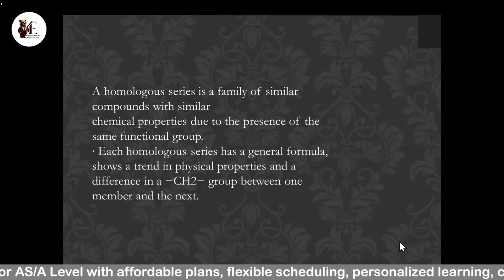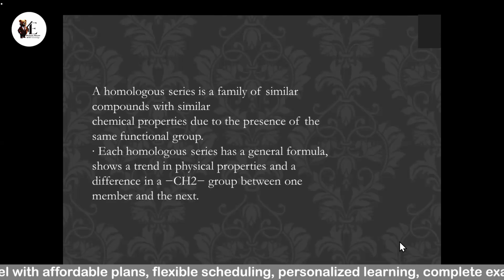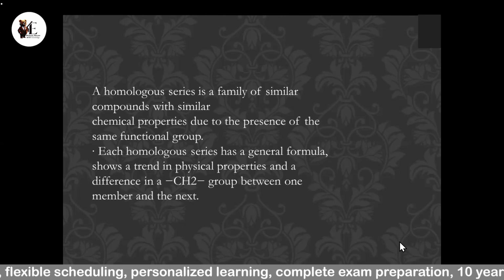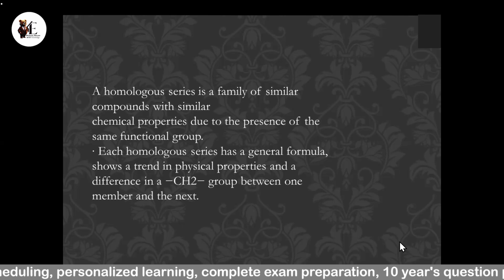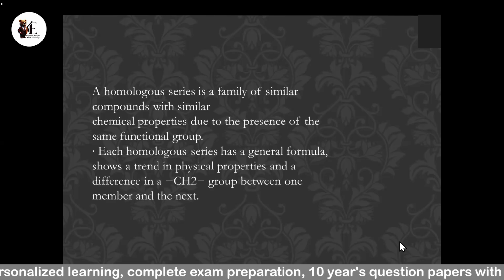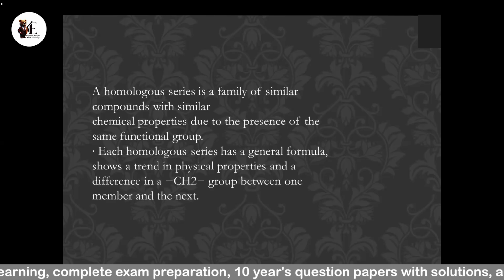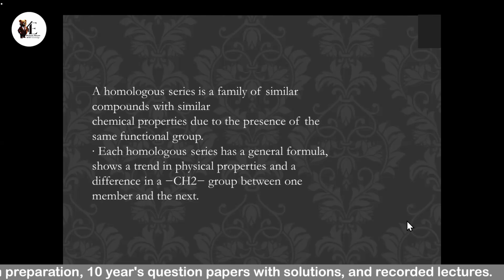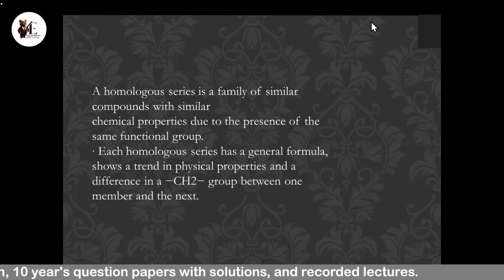This point should be there. Same functional group, this point should be there. They have the same general formula. And if I ask about physical properties, they show a trend in physical properties. And this line is very important, that difference in CH2 group between one member and the next. Okay. Write it down.